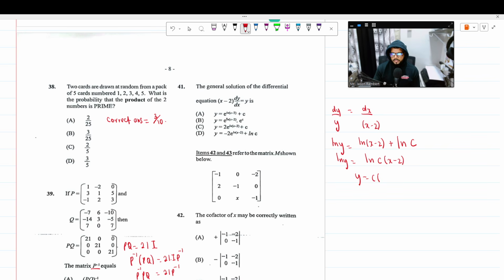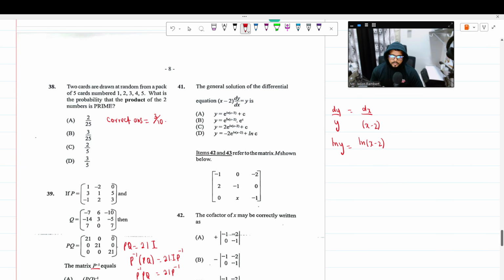So y is equal to c multiplied by x minus 2 if possible. Okay, so this is one variation of the answer. It's not a variation that we would have gotten here. So let me check and see which variation we get. Making sure I rearrange properly. You go down there, yes. So this line here is correct. ln y is equal to ln of x minus 2.